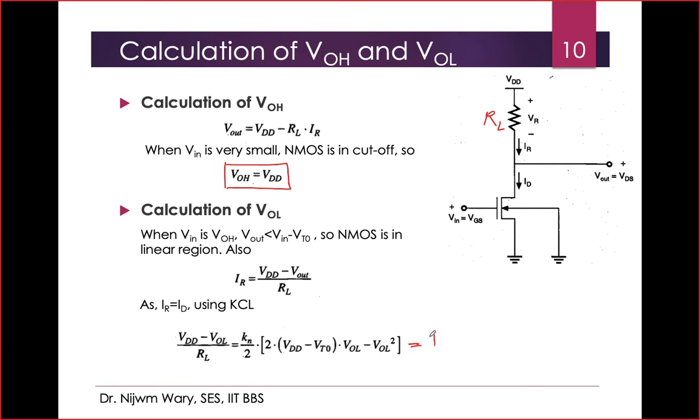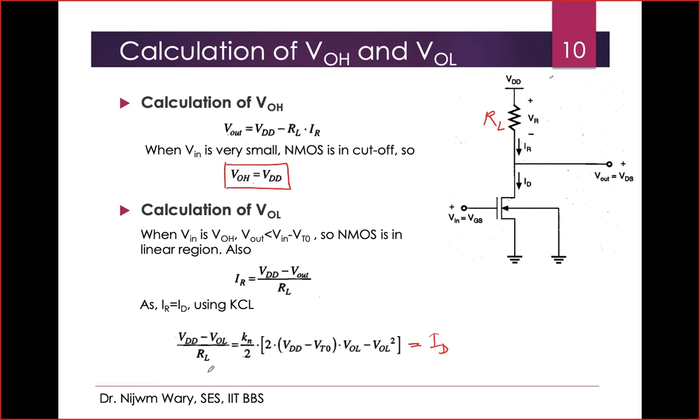The ID across the MOSFET will be Kn by 2 into (VDD minus VT0) times VOL. Here VOL is basically the VDS; we are trying to find the VDS, which is the VOL. So VDS equals Vout, or in this situation VOL. So minus VOL square, and now we can equate this to the current across this resistor, which is VDD minus VOL by R, which has come from this equation.